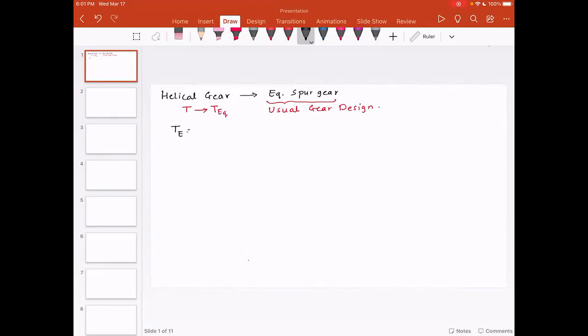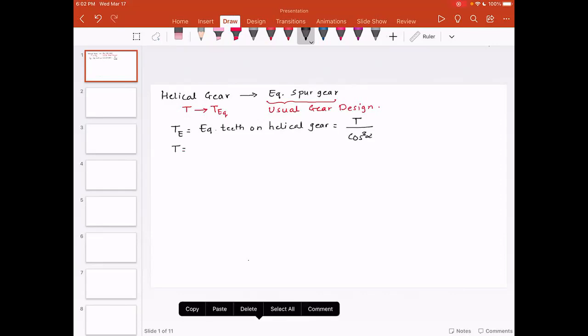TE, which is the equivalent teeth on helical gear, is T divided by cosine cube alpha, where T is the actual number of teeth on helical gear.